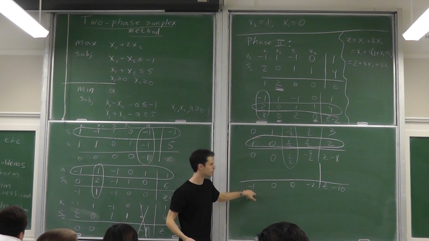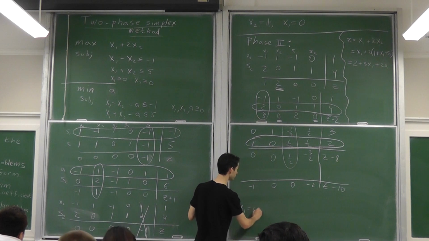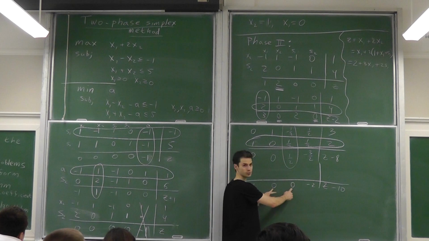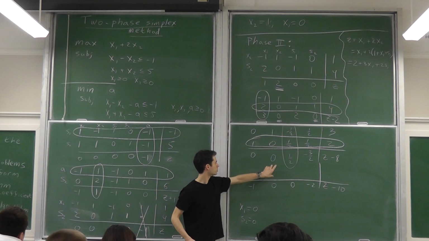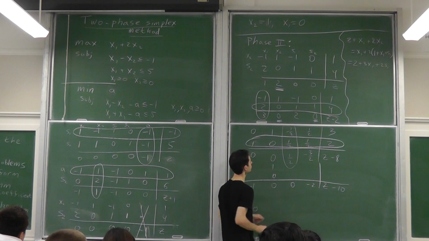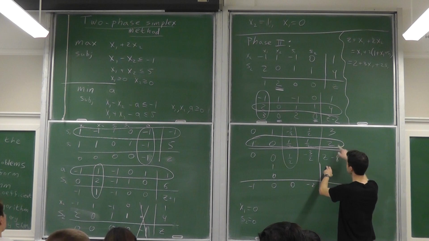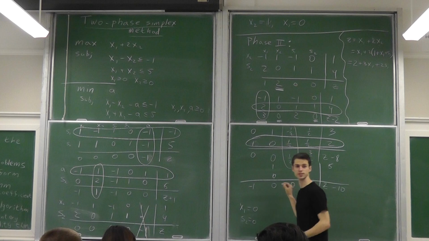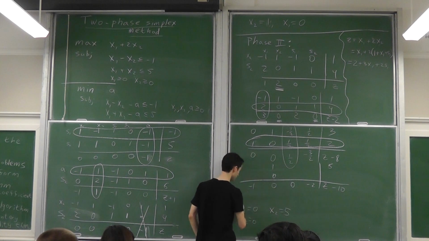So basically, from here I already see that my optimal solution will have x1 equal to 0, s2 equal to 0. The only question is what do I get for x2? So I'll only have to compute this thing, which is 1, 0, and this thing. So, yes, 5. And all the rest I actually don't care about. x2 is equal to 5, and that's my solution.